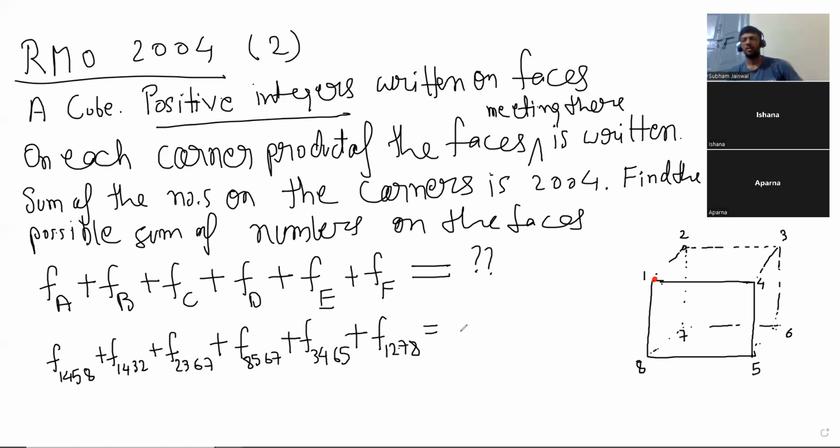Okay, this is given. Any problems? This is what we have to find. But you see, which faces are going to meet at the vertex 1? Now tell me.